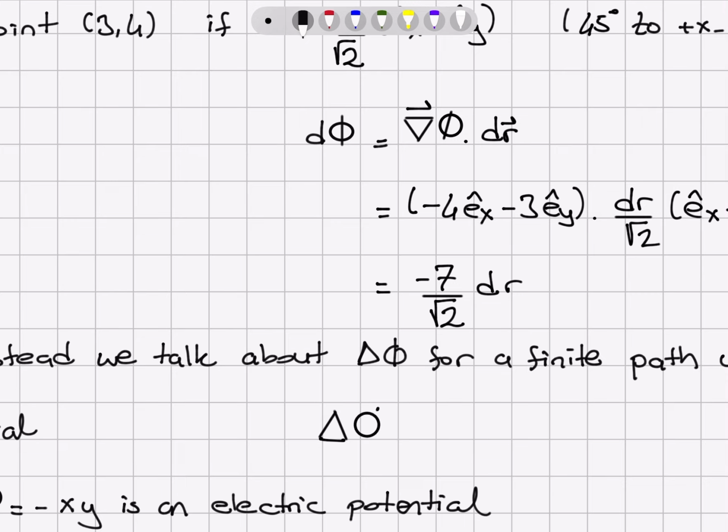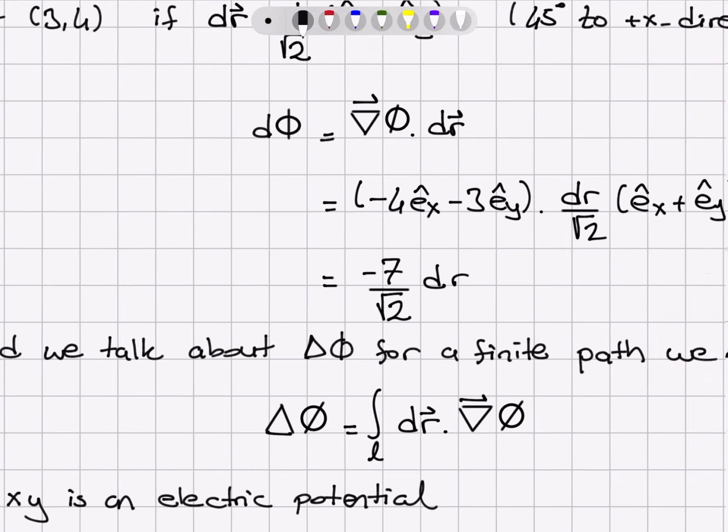This is going to be the path integral over the path L of the small displacement dr dot product with gradient of phi. So if we go along a certain path, this will tell us how much the function changes on that path.